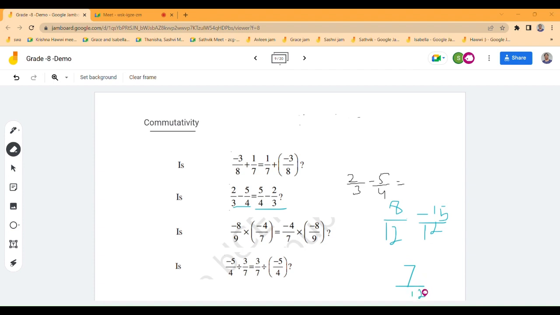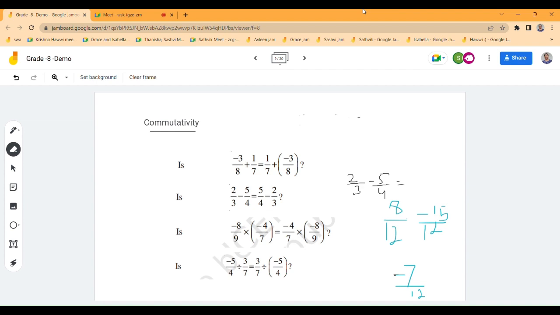Ma'am, here 8 minus 15, right? Is it positive or negative? Which is bigger, 8 or 15? Ma'am, 15. So it's minus 7 by 12. Here the left side we get minus 7 by 12, and the right side won't be equal to that, so it is not commutative.